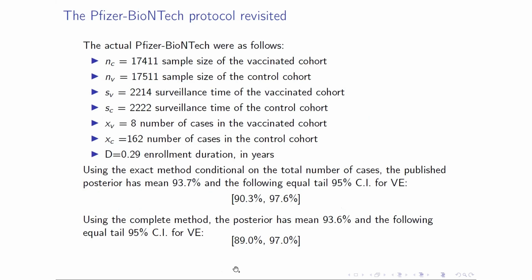Conceptually it's important, not practically. Standard vaccines have a vaccine efficacy much lower than 90%. With other therapies, you may be happy with 40 or 50% vaccine efficacy. In that case, it may make a difference.